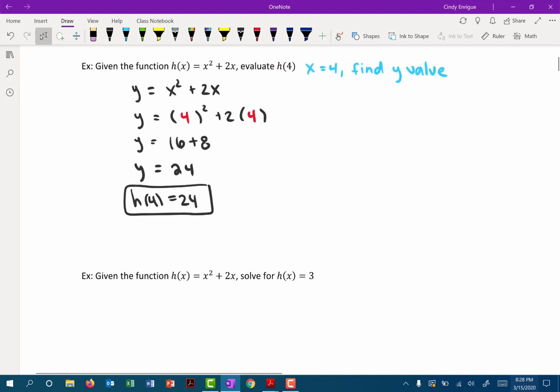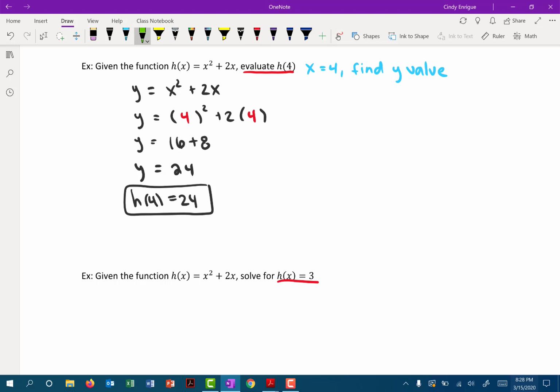Now, you can kind of see the difference between the top example and the bottom example. This one, I specifically have h of 4. Here, I have h of x is equal to 3. So this is slightly different.